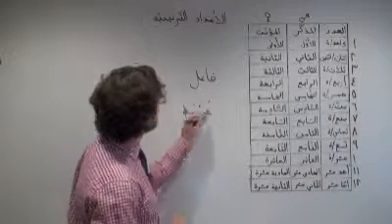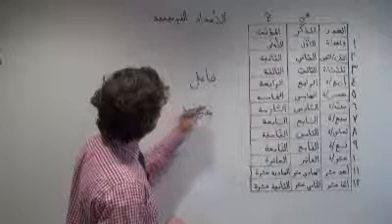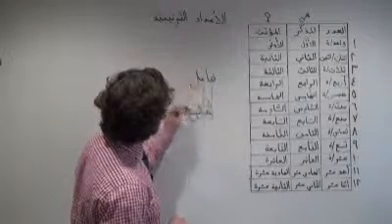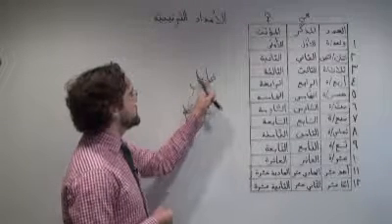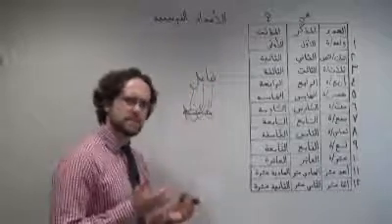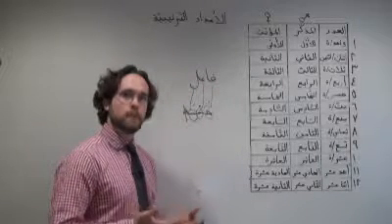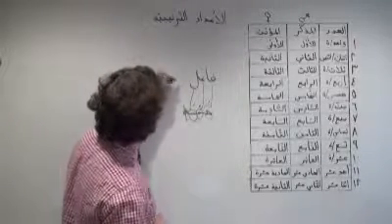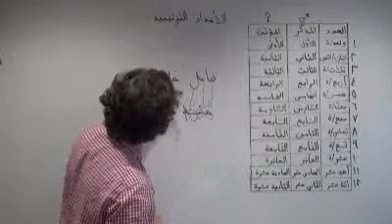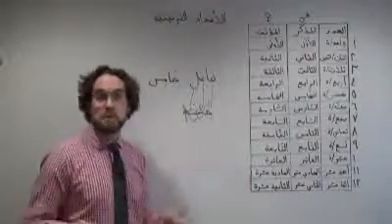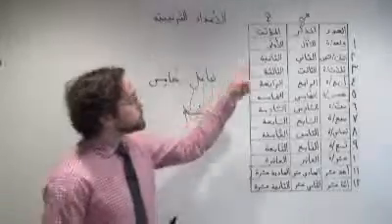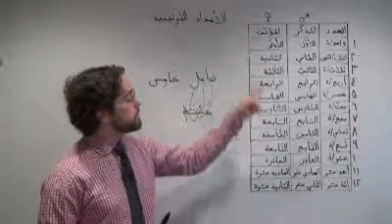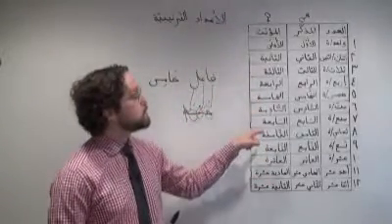So we take these 3 letters and put them into the wazn of fa'il. Fa, ain, lam are just placeholders for our wazn, that pattern, that exoskeleton that we're using. So we wind up with khamis, the 5th of something. Here we have a chart with numbers from 1 through 12 and their ordinal forms.